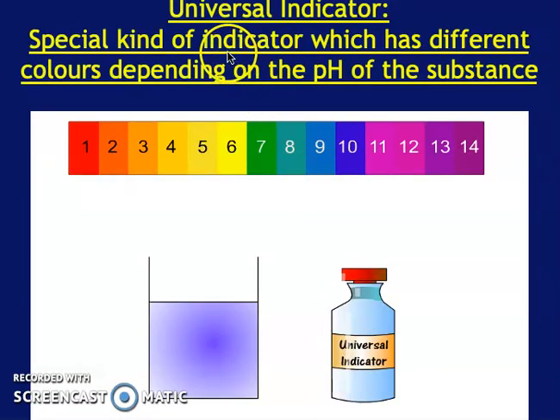So for your notes again, universal indicator is the thing that we would have used in the lab today. This is like red cabbage indicator. It is a very special kind of indicator which has a whole range of colors depending on the pH of your solution.